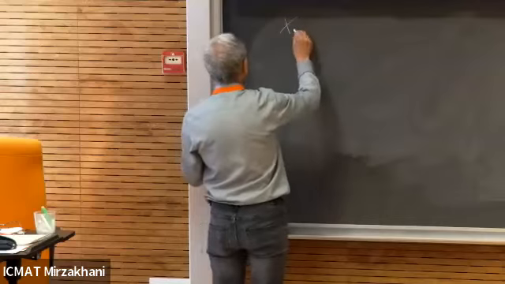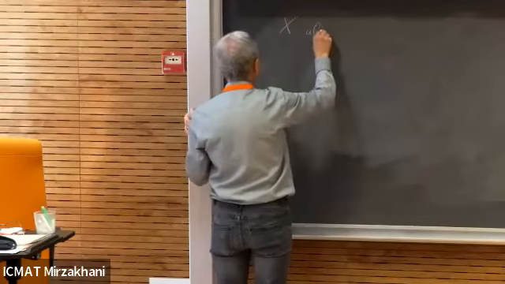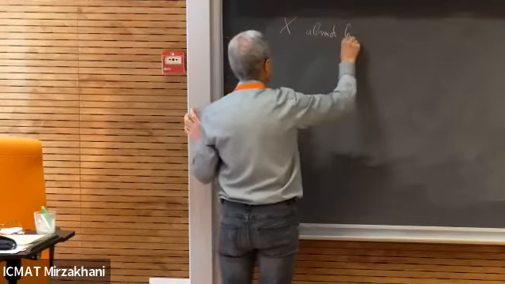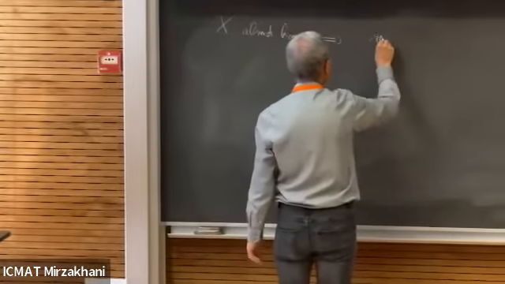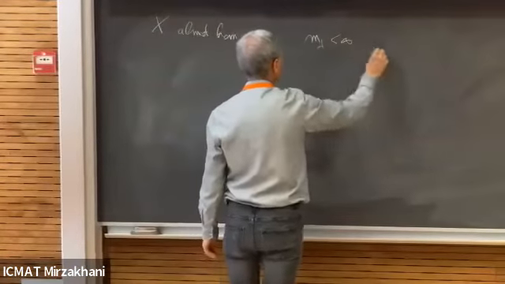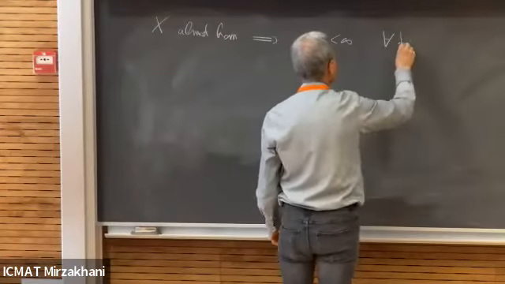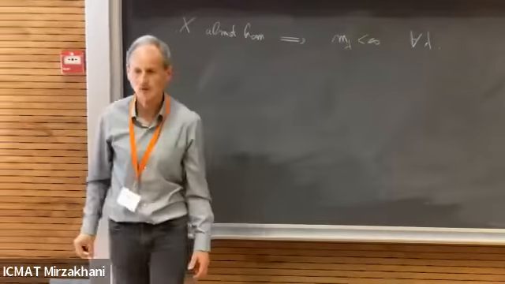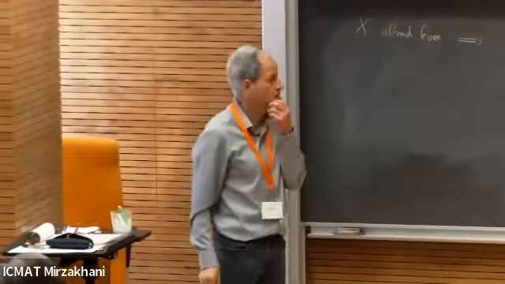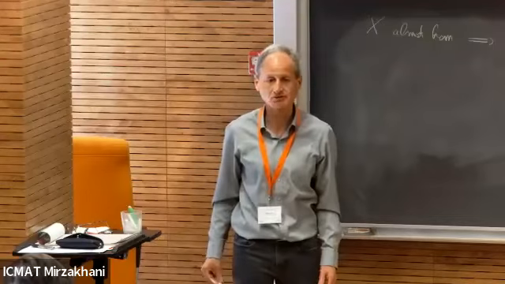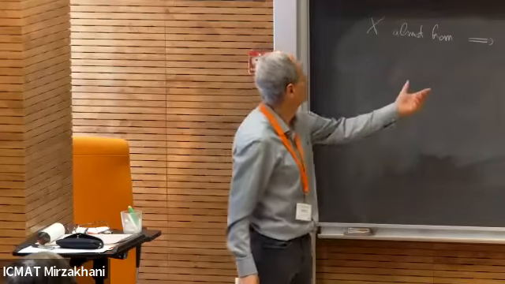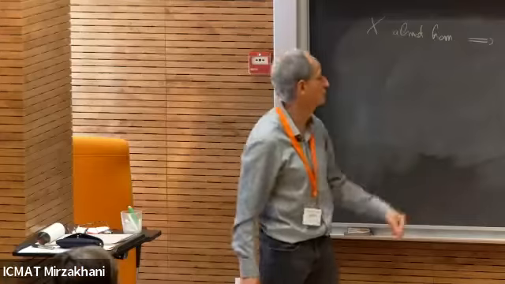If X is almost homogeneous, this implies that all the multiplicities are finite. Well, this is a nice fact, but it's not really deep because it's already like that with the group.